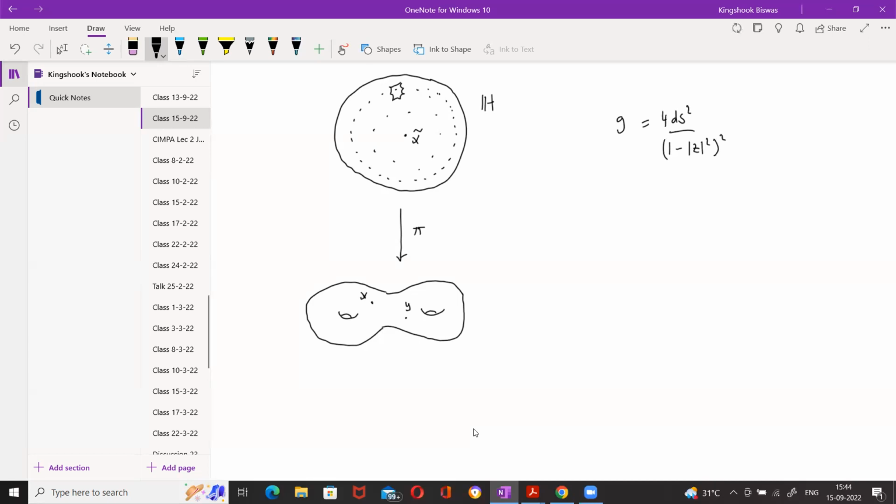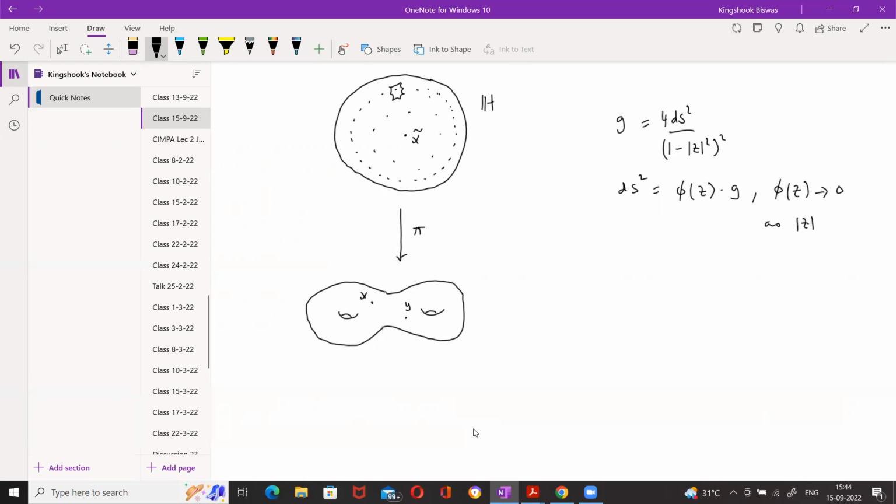So the Euclidean metric is equal to a function phi of z times the hyperbolic metric, where phi of z tends to 0 as mod z tends to 1.